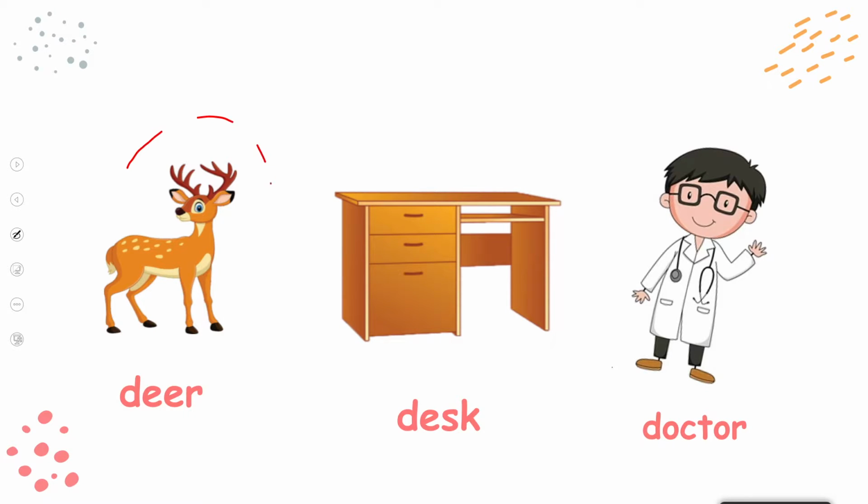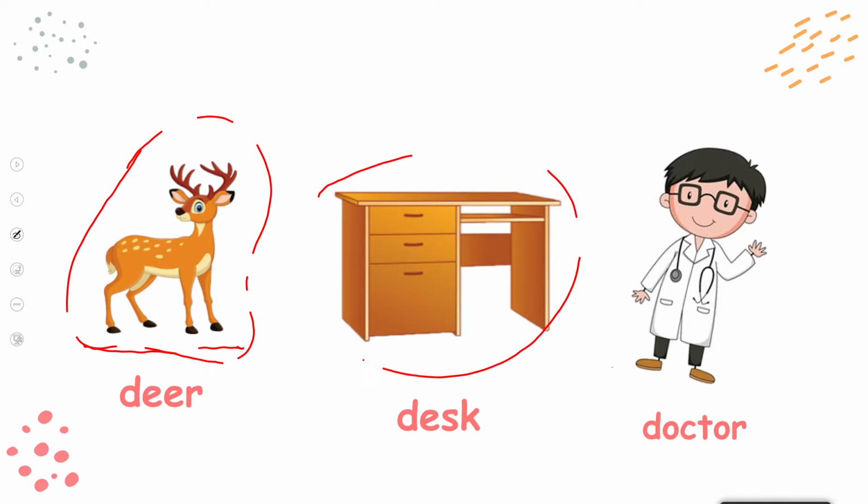Moving on, we have another page of objects. It's a deer. Here we have a desk, and he is a doctor. Let's do these spellings with the sounds.